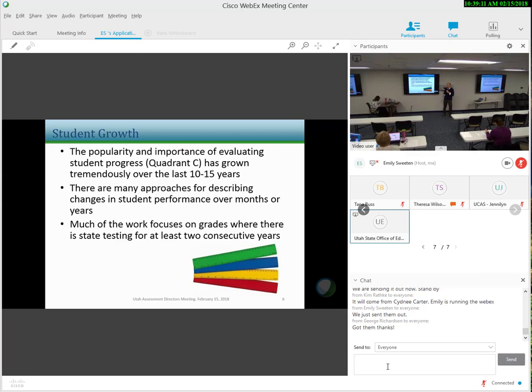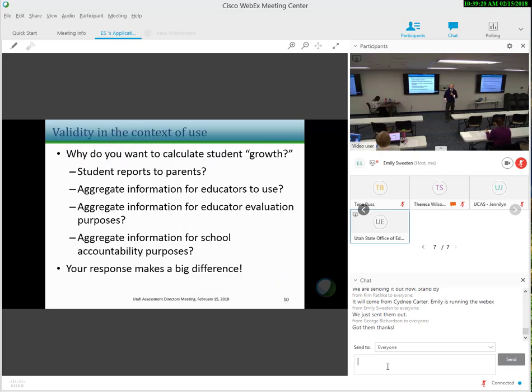And obviously, most of this work focuses on grades and subjects where you have 2 consecutive years, 3rd grade reading, 4th grade reading. But I want you to spend some time thinking about why you even want to calculate student growth. At the end, we talked about this with accountability systems.